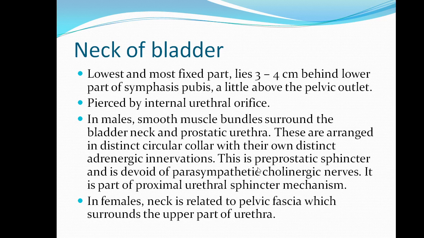This is the pre-prostatic sphincter, and it is devoid of parasympathetic cholinergic nerves. It is part of the proximal urethral sphincter mechanism. In females, the neck is related to the pelvic fascia, which surrounds the upper part of the urethra.